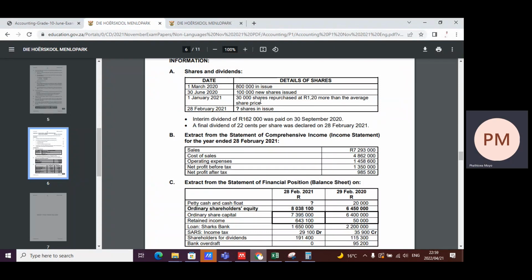Then they're saying shares were repurchased at 120 more than the average share price.